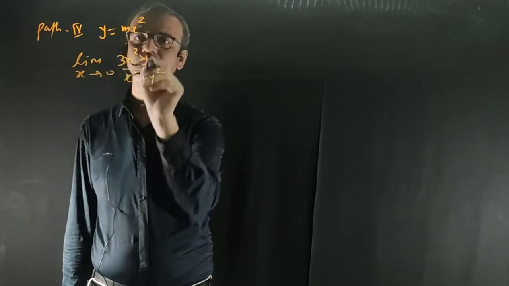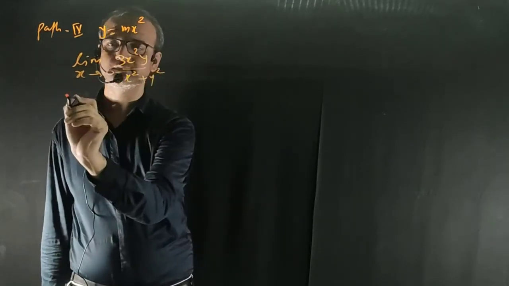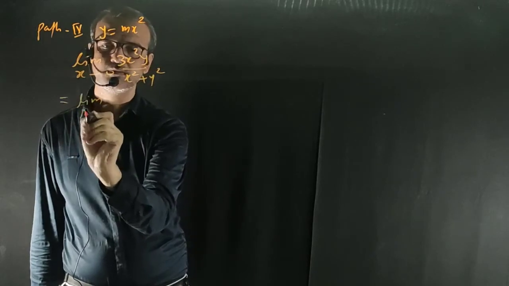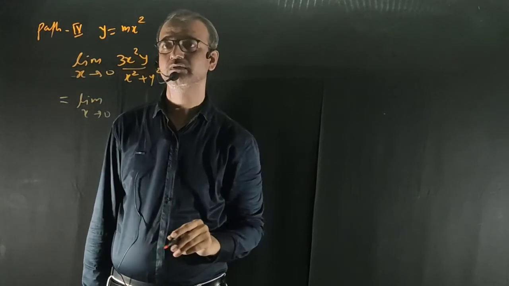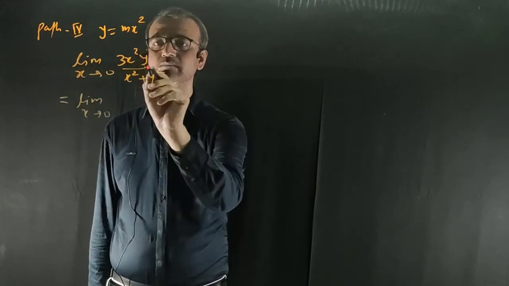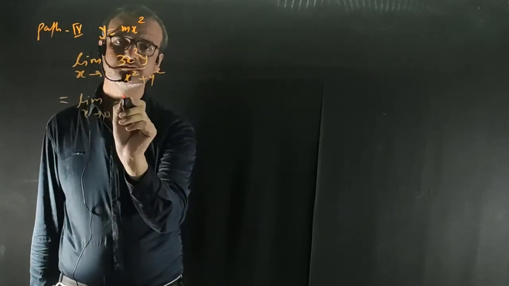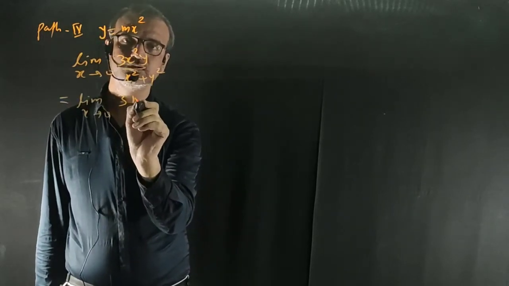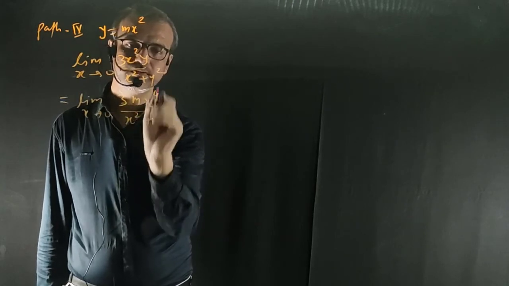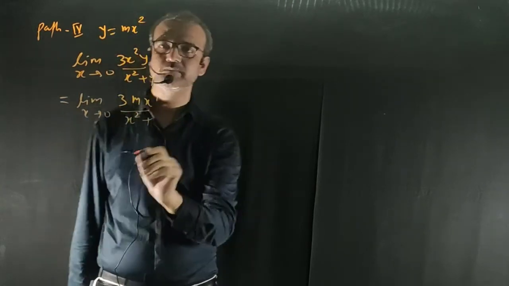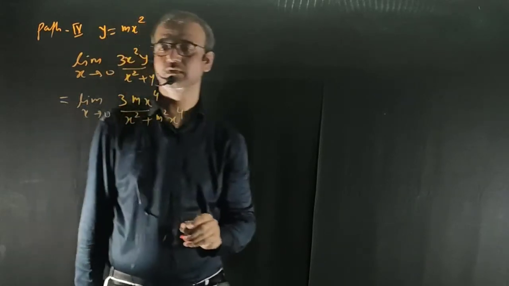Now in this function we will replace y by mx square. So this equals limit x tends to 0, and y becomes m into x square. So x square into x square is x raised to 4. So this is 3 into m into x raised to 4 divided by x square plus, replacing y by mx square, m square x raised to 4.